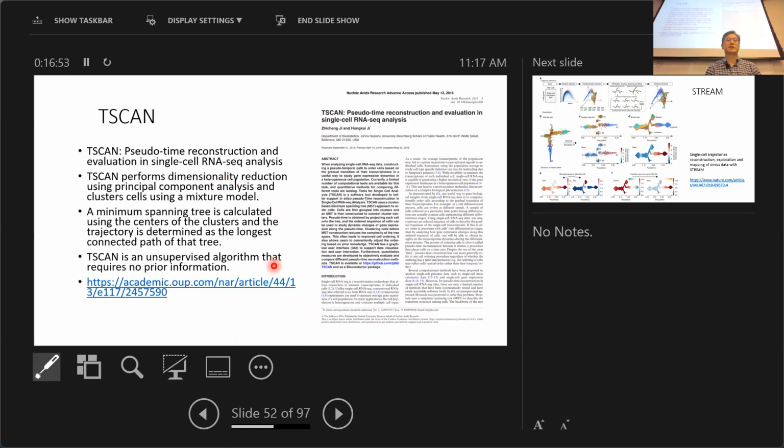TSCAN is another unsupervised algorithm. It uses a minimal spanning tree, after dimensionality reduction, PCA. The paper was good, so you can follow the paper easily. And then I did this algorithm implementation completed in MATLAB, just following the paper. So the function is available in the toolbox.